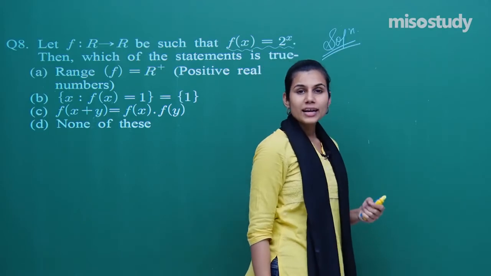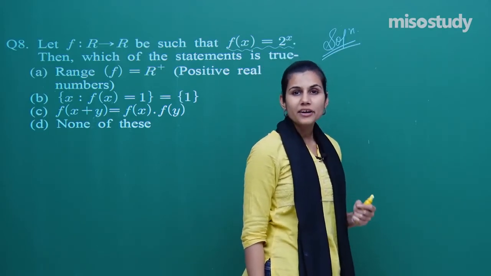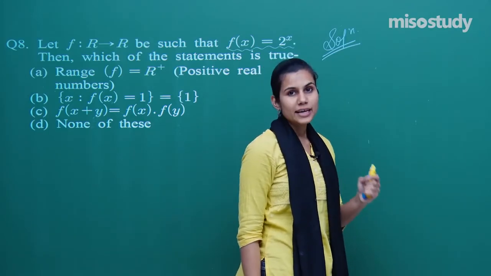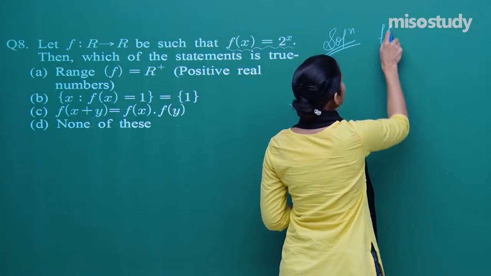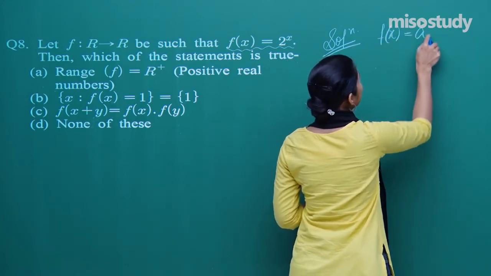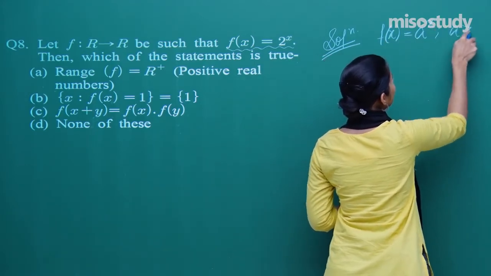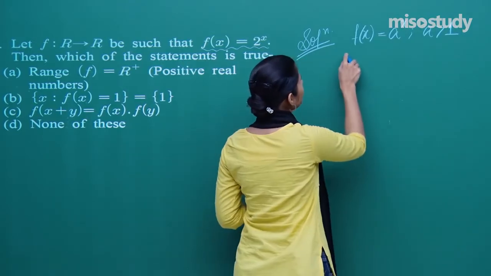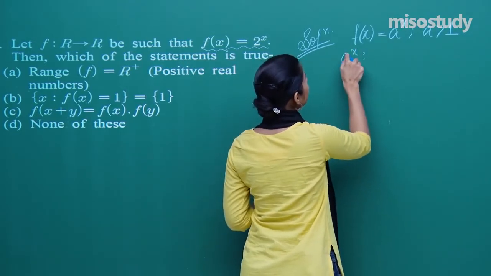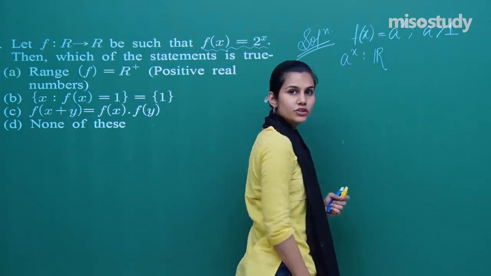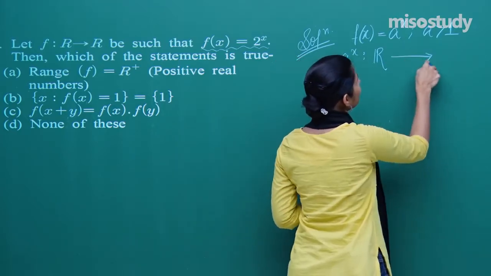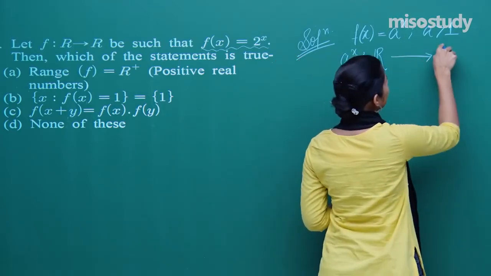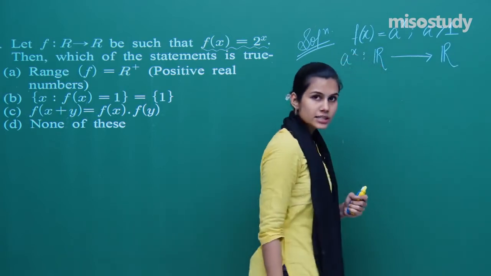What happens when I have f(x) equals a to the power x with a being greater than 1? Well, f(x) equals a to the power x, a greater than 1, has what as the domain? The domain is the collection of all reals, and the codomain is again the collection of all reals.